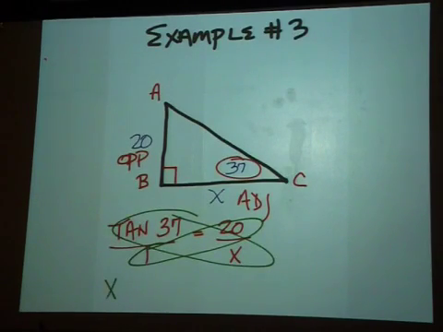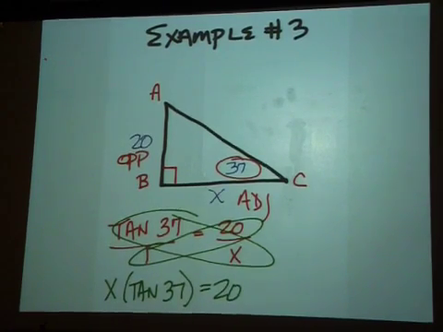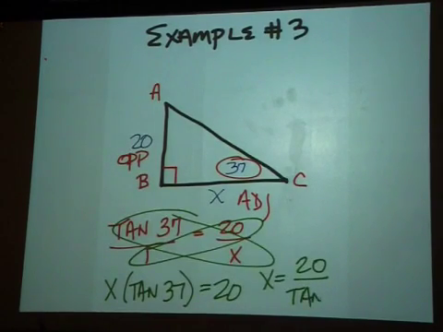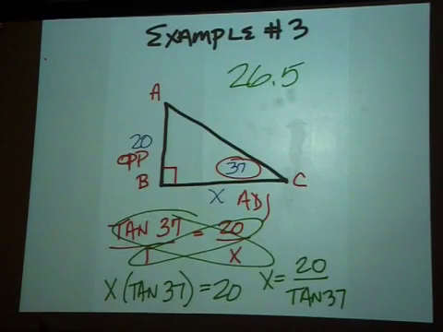When you do that, you get x times tangent 37 equals 20. To get x by itself, you must divide by tangent 37. So it's 20 divided by tangent 37. When you do that in your calculator, you should come back with an answer of 26.5.